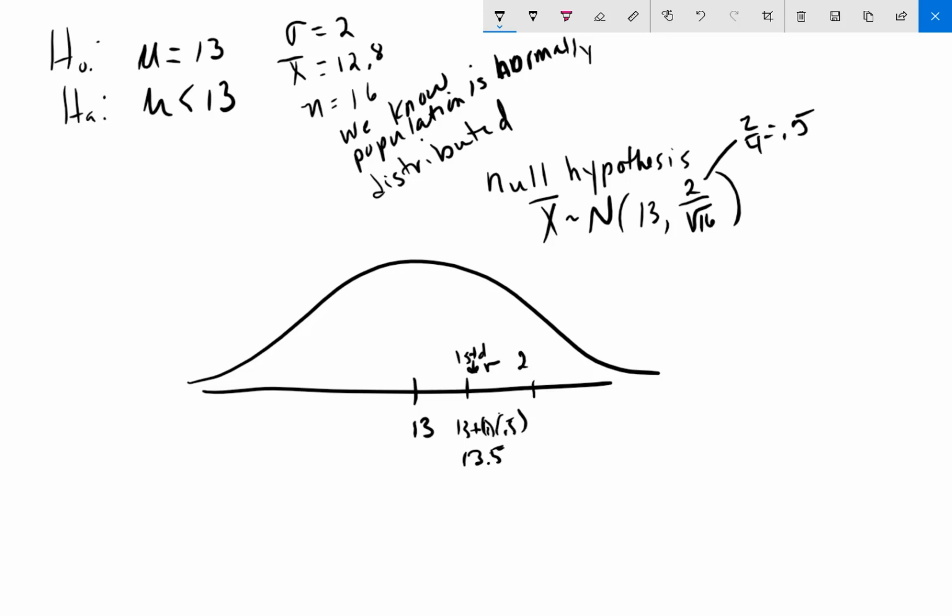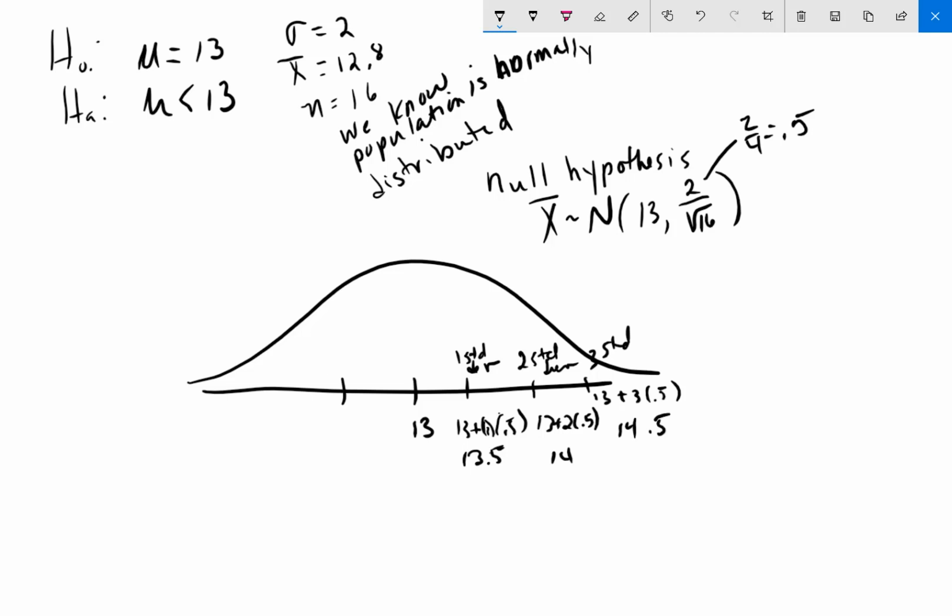So this is at 13.5. 2 standard deviations away is 13 plus 2 times 0.5, or 14. And 3 standard deviations away is 13 plus 3 times a half, or 14.5.